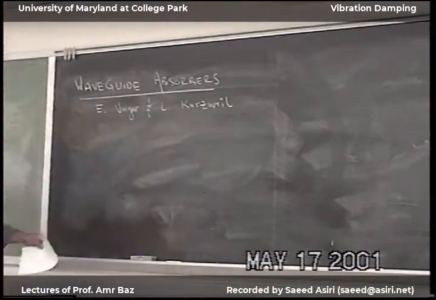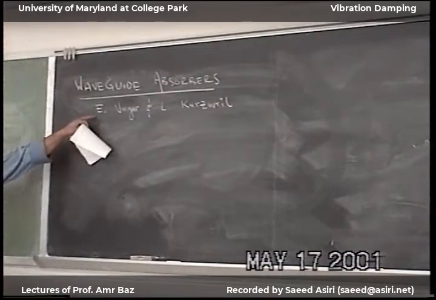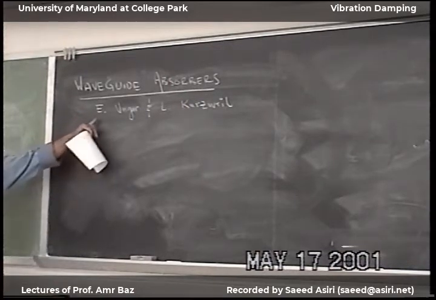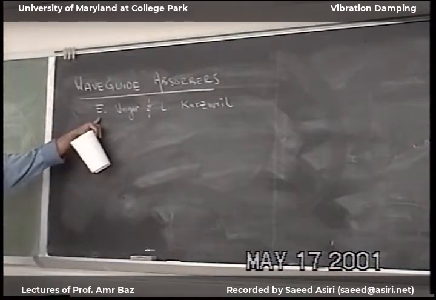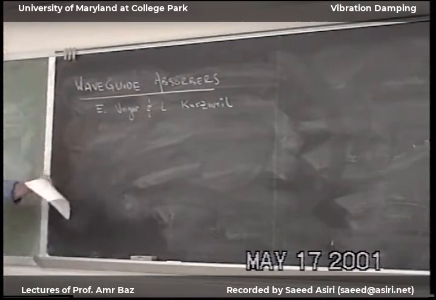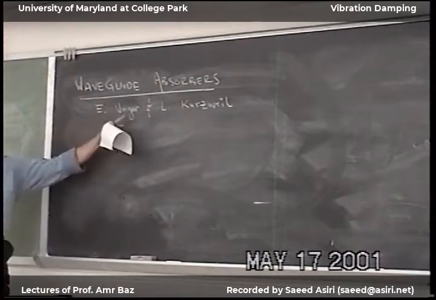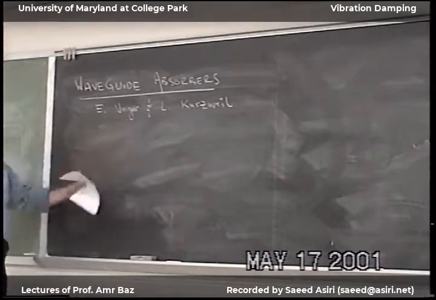And these two worked for BBN, Bolt, Beranek, and Newman in Cambridge, Massachusetts. This man is very famous. He has a lot of books, and he's editor of the magazine of Sound and Vibration, the commercial magazine that has all acoustics application and vibration application.